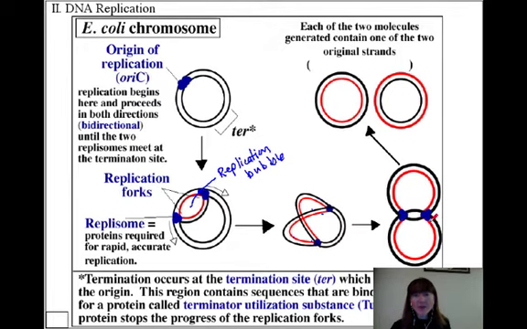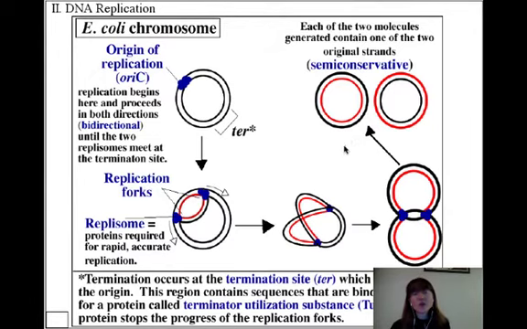And now the replication bubble is so large as to be two separate strands of DNA. So it has now completely copied the genome of the cell. And it's interesting to note that in that process it is actually semi-conservative, because one strand, of course, was used as the template to make the new strand.